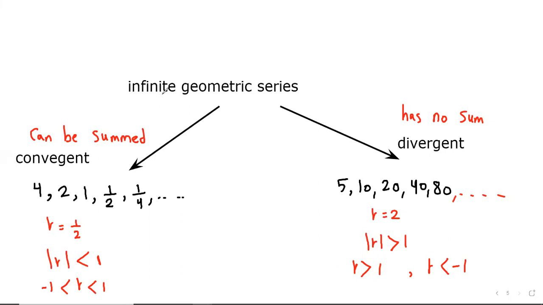What about geometric series? Specifically, infinite geometric series. The meaning of infinite is that it has no end. So there is no last term. Like this sequence: 4, 2, 1, half, 1 over 4, 1 over 8, 1 over 16. It has no end.